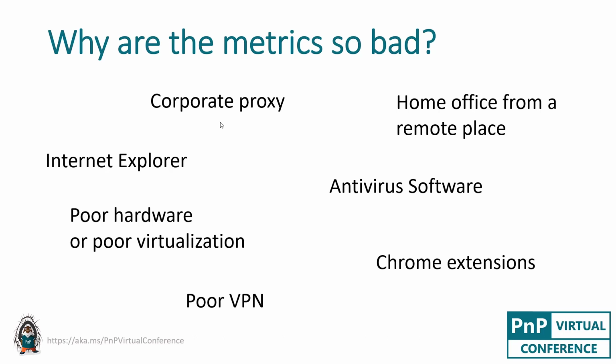It could be the hardware itself, because developers are used to working with modern machines, but the average accountant might be using a machine that is 10 years old and might not keep up with processing too much JavaScript, for example. Could be a poor VPN or someone working from a remote connection.